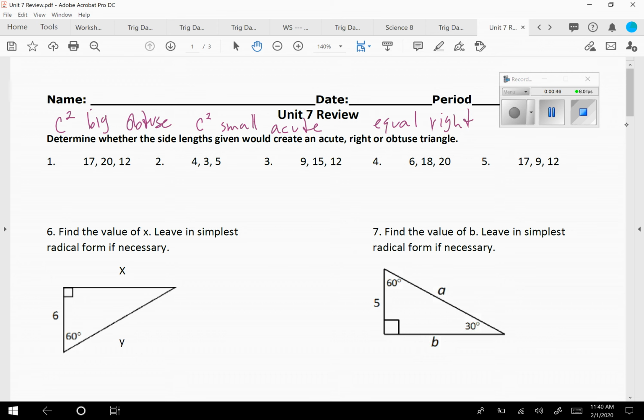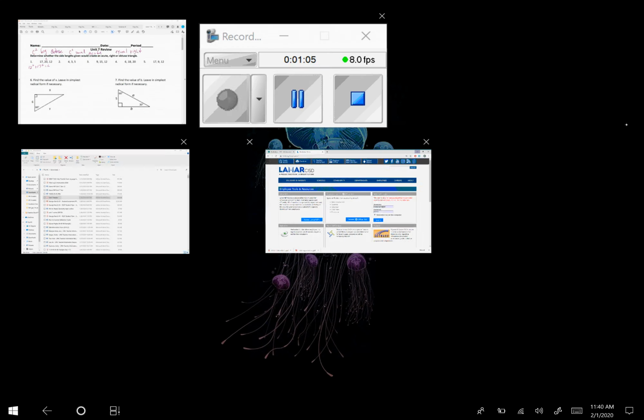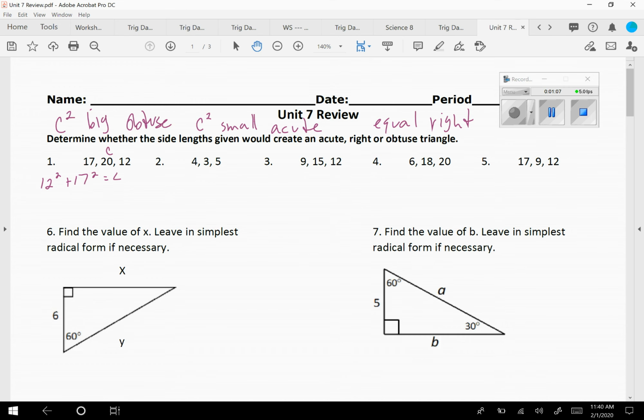All right, so we look here. C is our longest side, so the 20, that's our C. So we'll do 12 squared plus 17 squared. Okay, and we'll just type that in our calculator. So 12 squared plus 17 squared. That's 433.